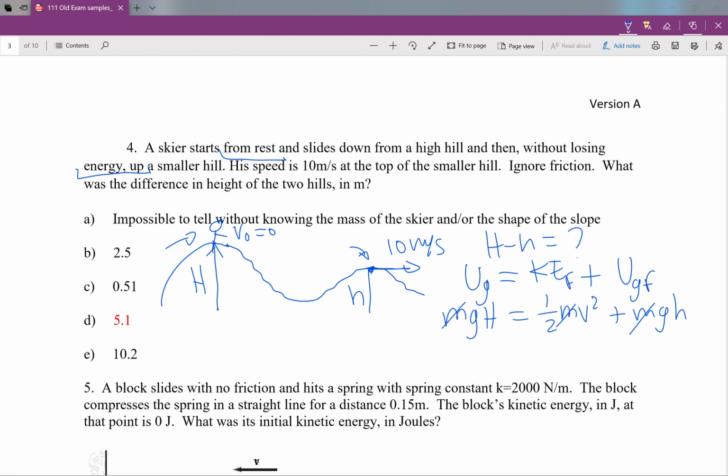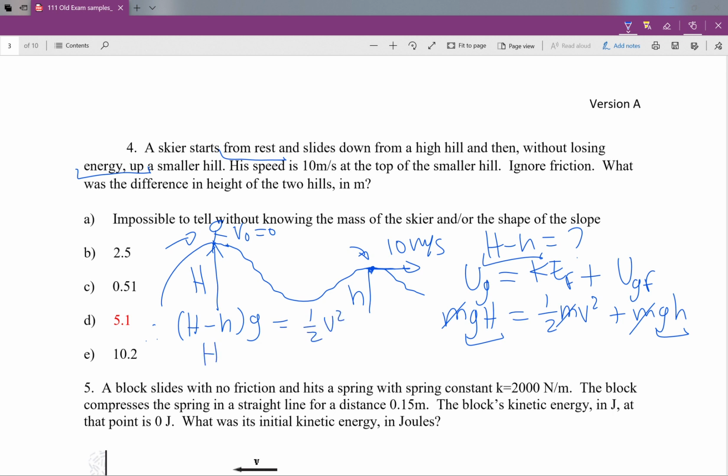We're trying to look for big H minus little h. We have gH over here and g little h over here, so let's subtract g little h on both sides. We get big H minus little h, which is what we're looking for, times g, since I factor out a g. All of that is equal to 1/2 v squared.